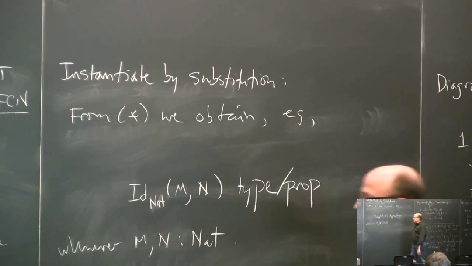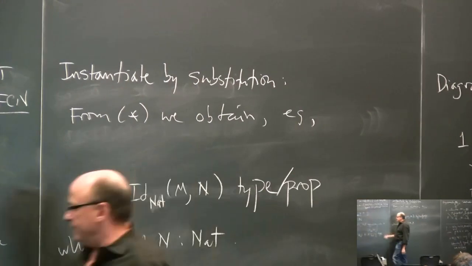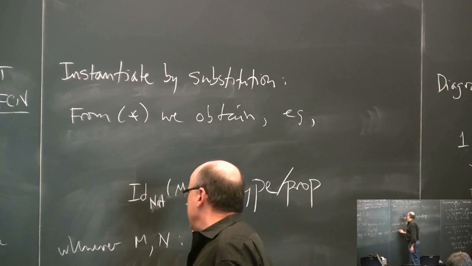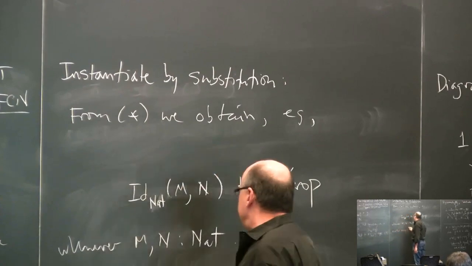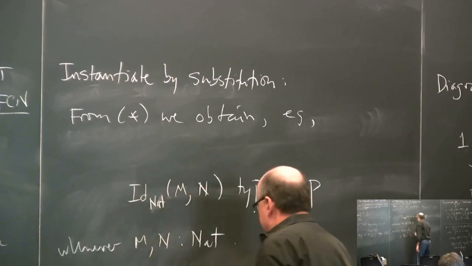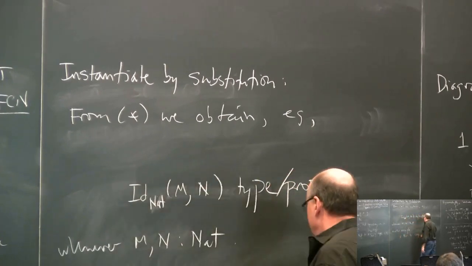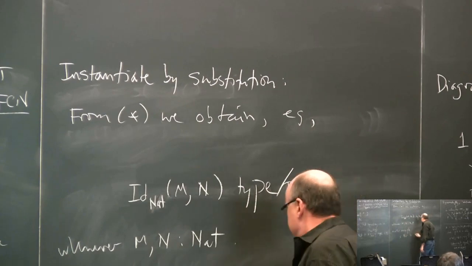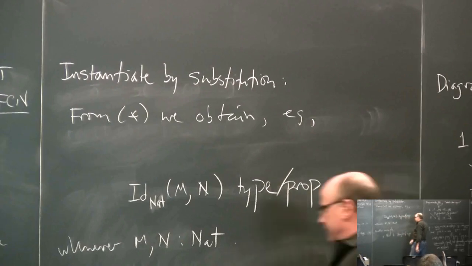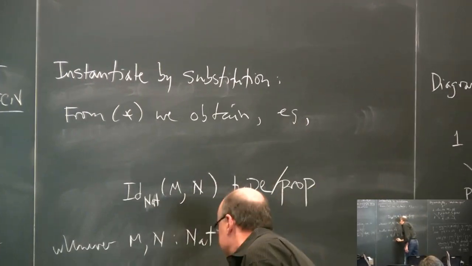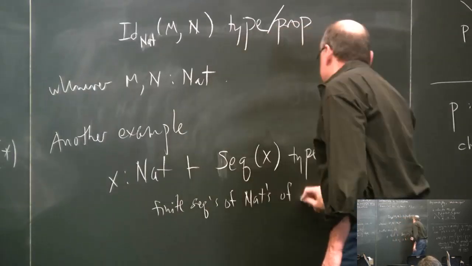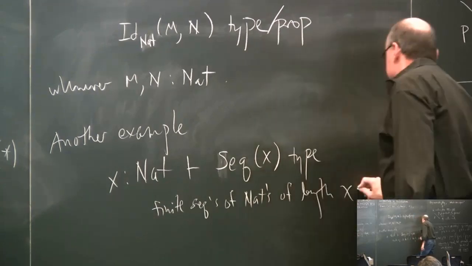So there are other such things. That was the premier motivating example, but another example feels more like data. Given X in NAT, I will have a family of types, let's call it Seq. Seq X is going to be a type, and I will think of this as the finite sequences of NATs of length X, which is, of course, a NAT.